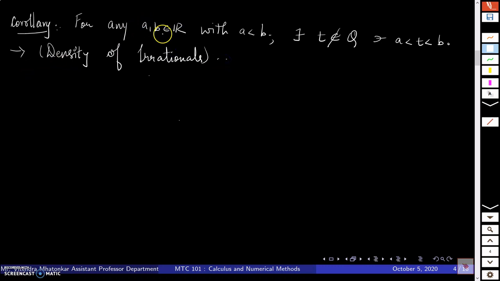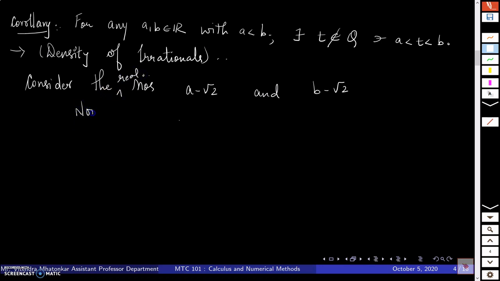So a and b are two real numbers which are given to me. What I'll do is consider the real numbers a minus root 2 and b minus root 2. Both these are real numbers.